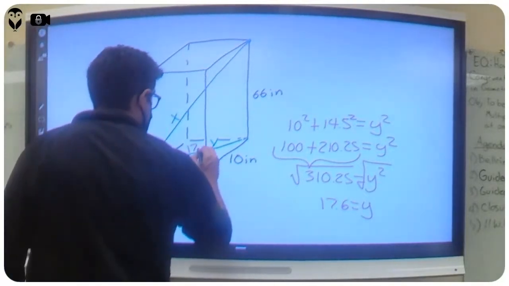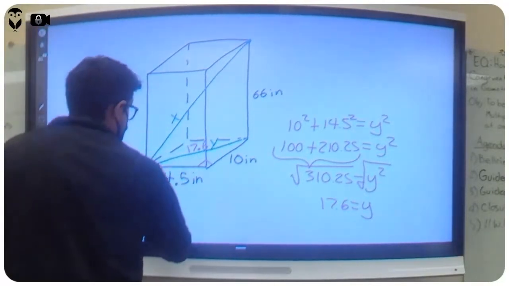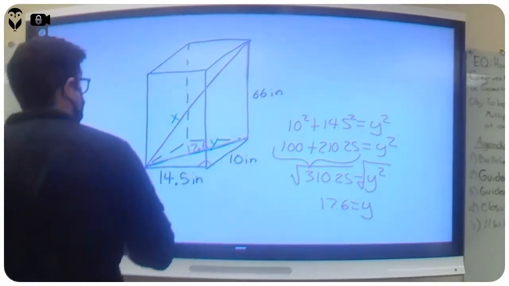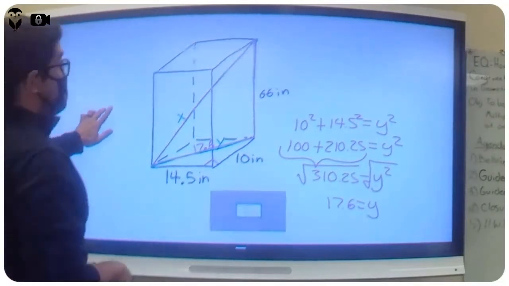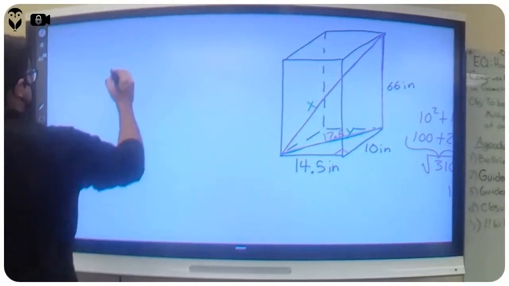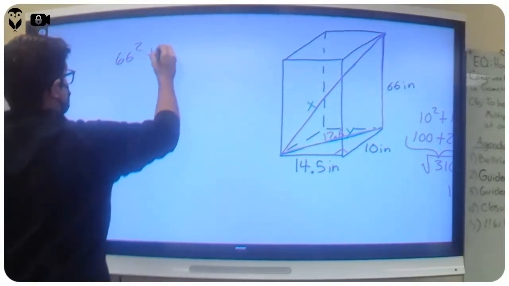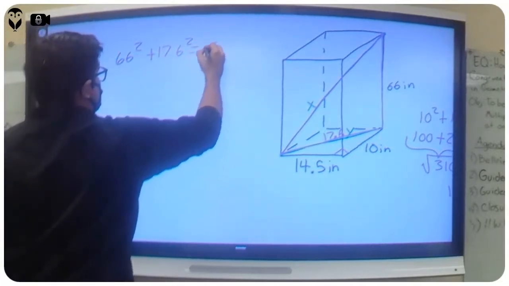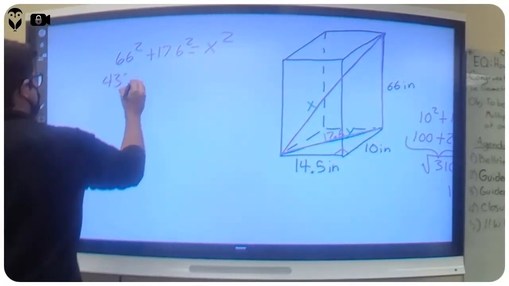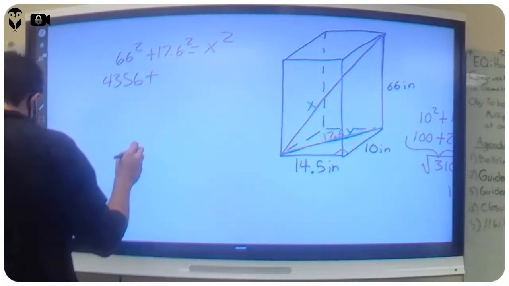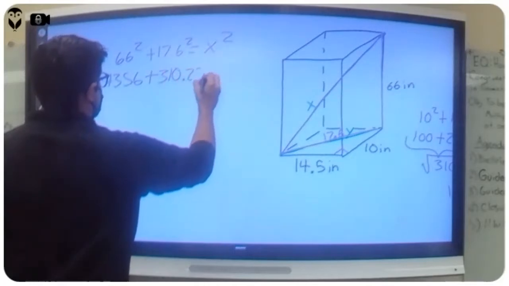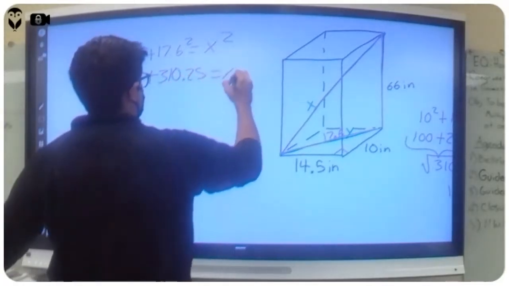So now I know this equals 17.6. Now I have two sides of this right triangle, which is all I need. So move this information there. Now I'm going to use 66 squared plus 17.6 squared equals x squared. 66 squared is 4,356 plus 17.6 squared, which is 310.25, equals x squared.